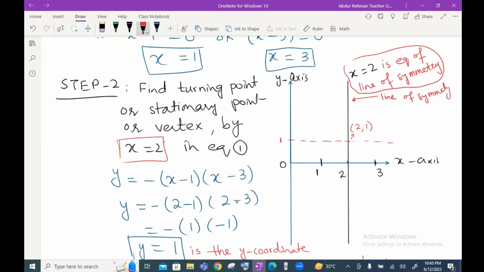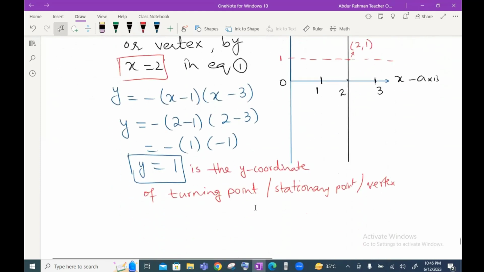But the last thing is to find out the y-intercept for the curve.